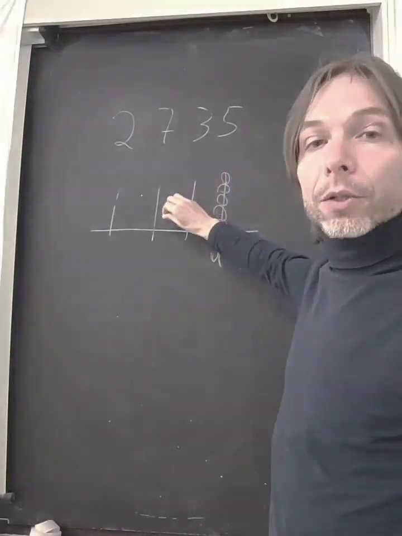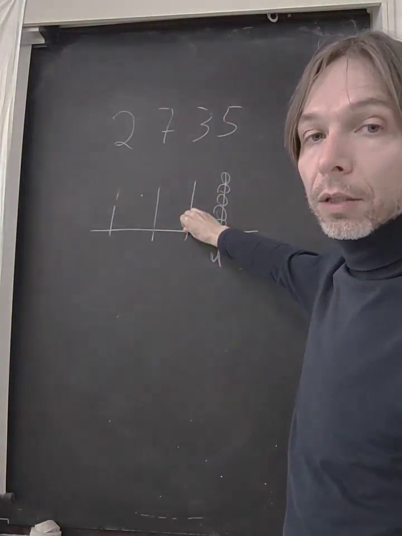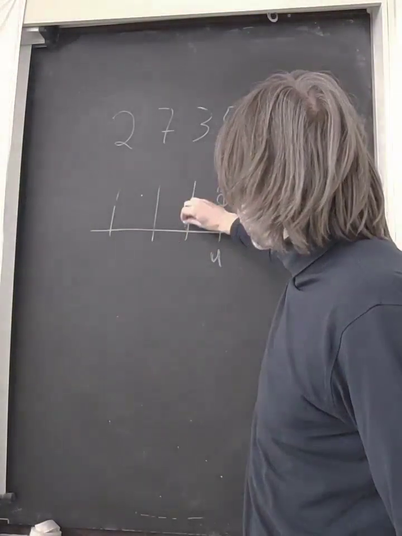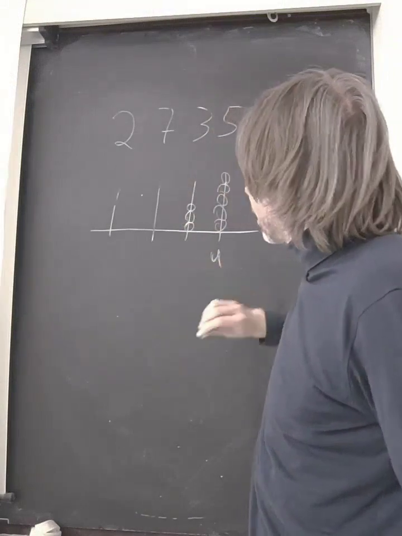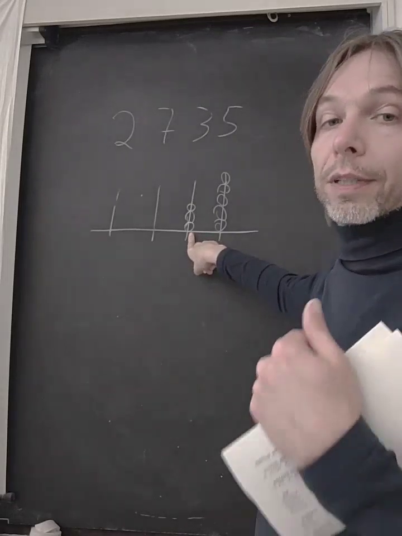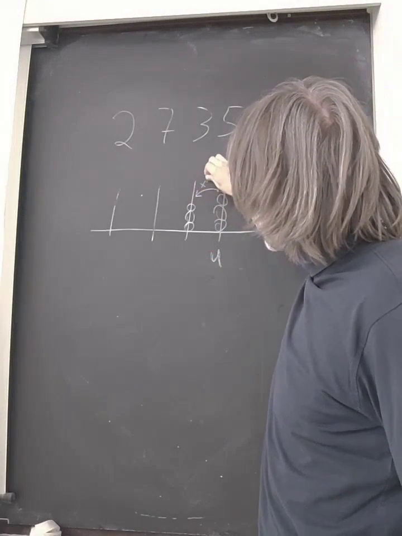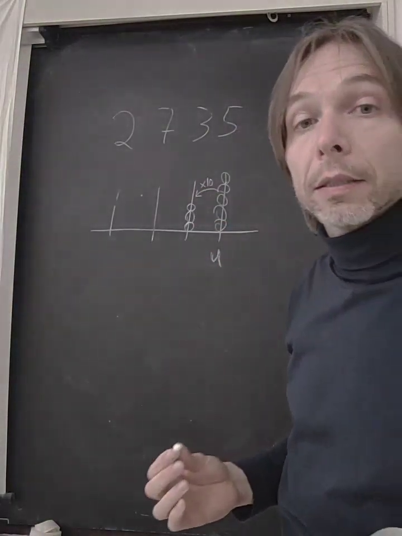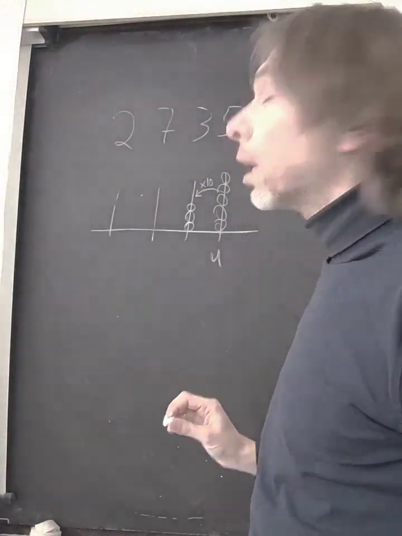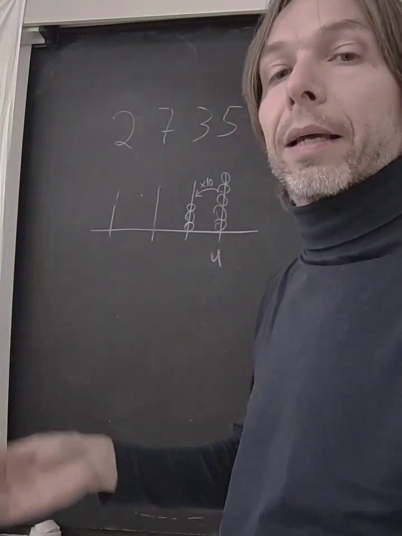But on the next needle, I have 3 balls, and in this case each ball here has got a value of 10. Because for humans, each time I switch needle, I increase the value of each ball by 10 times.